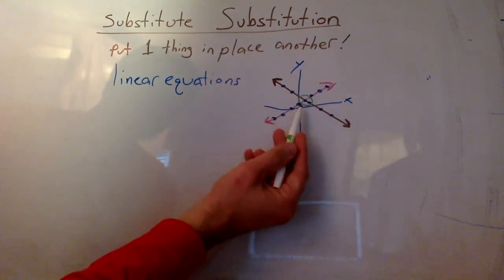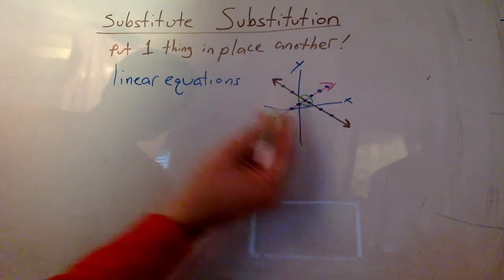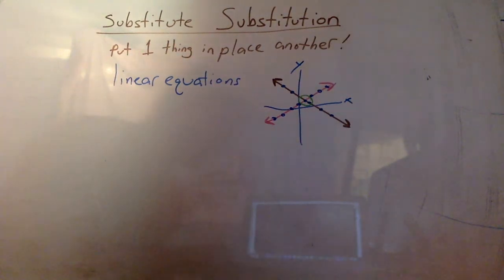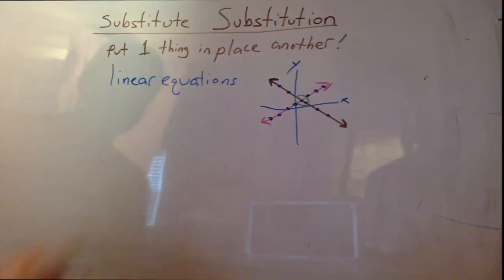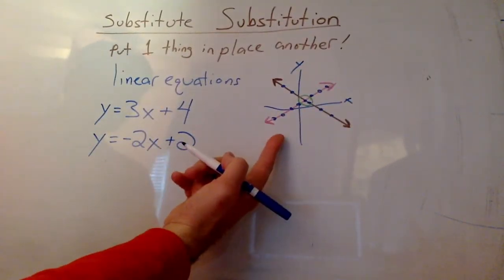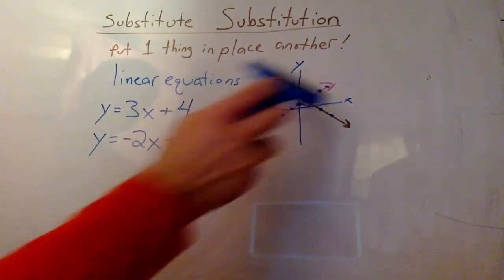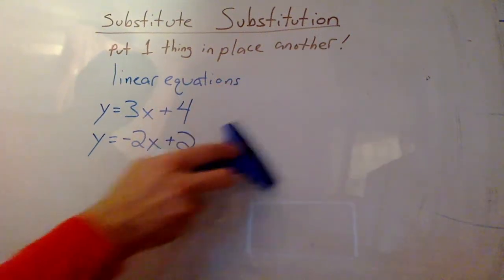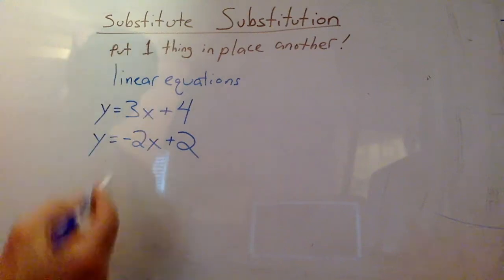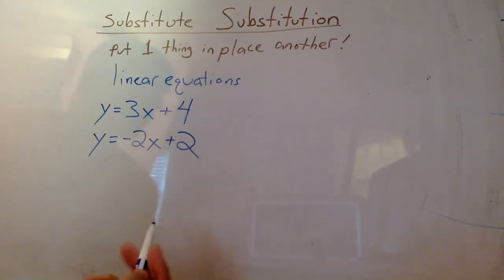So right here, where they intersect, that means, like you saw in the last video, that each equation has the same exact x and y coordinate pair that is a solution. Okay, so let's look at the equations. Now these equations don't really match up with that graph, so don't try to rationalize that. I'll erase the graph. But remember, we're talking about substitution. So what can I put in place of what here?